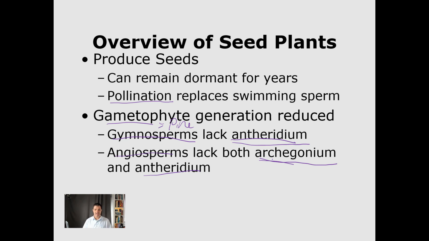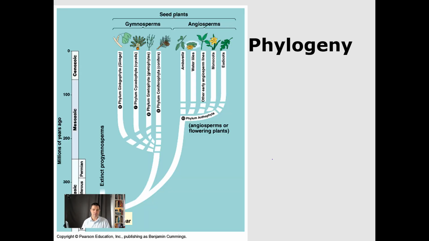So when we say that the gymnosperms lack antheridium, although the male parts to make sperm are still there in pollen, the number of structures decreases compared to the other things we've seen. So they no longer call that an antheridium. It's still a male part because it produces sperm, and there's still a female part because the archegonium produces eggs. But what we're really losing is the protective structures around those.